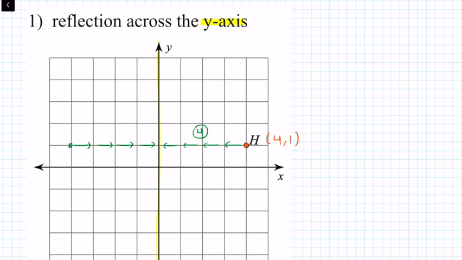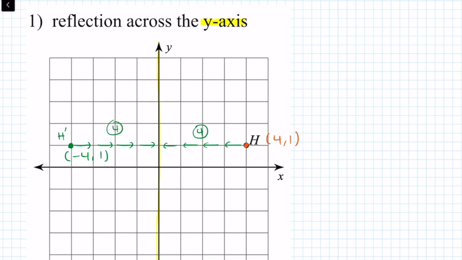So now our new point is going to be H prime, at the coordinates of -4, 1. And once you've seen that, you now have a reflected point across the y-axis.